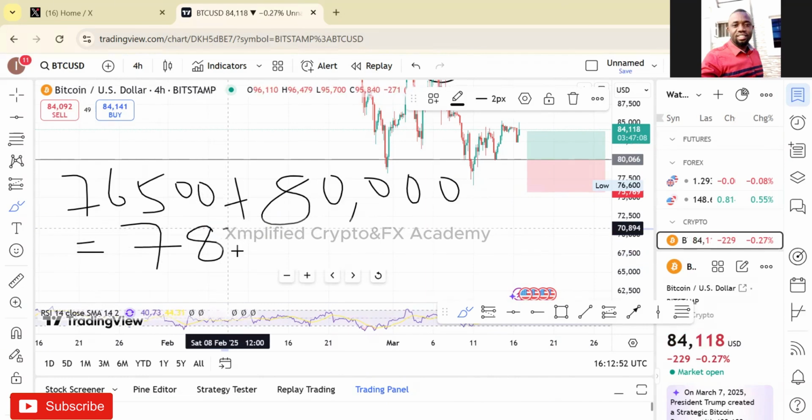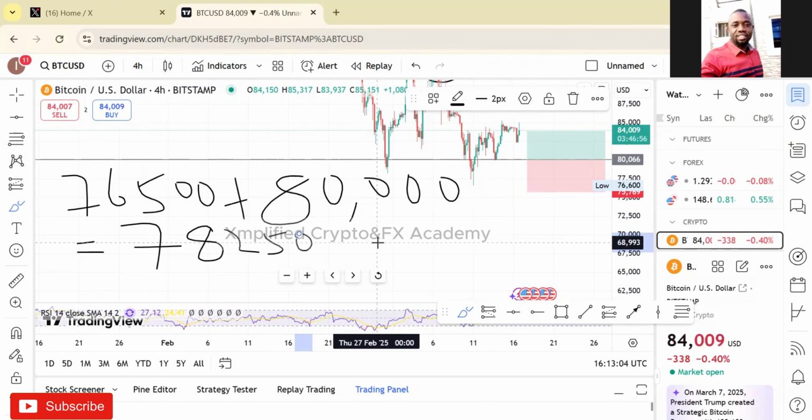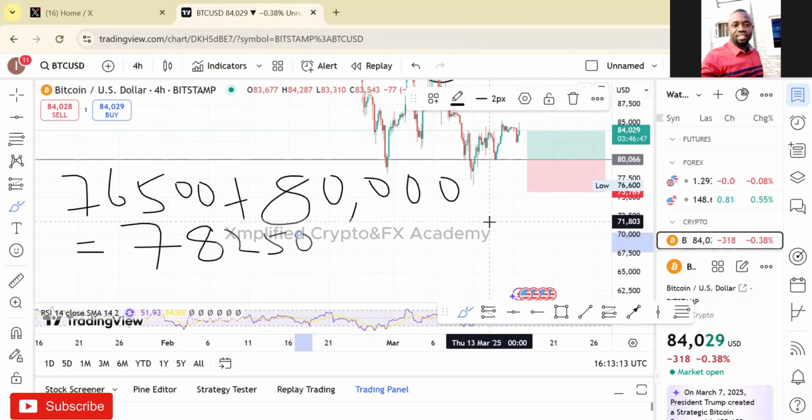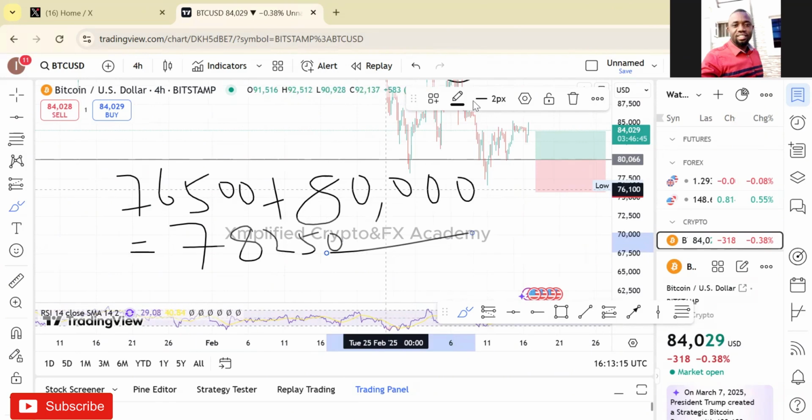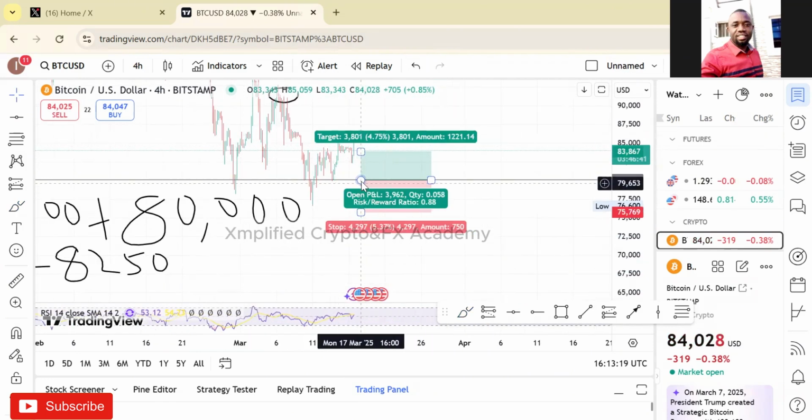Now with extra capital. So your total investment capital here will now be, I think you're doing each buy $100. Okay, so you use $200 to buy Bitcoin at the price of, say, 78,250. All right, so let's now come here and lower our entry price.